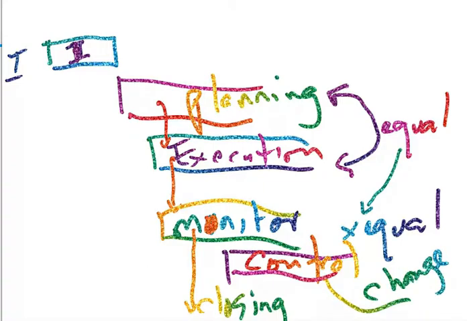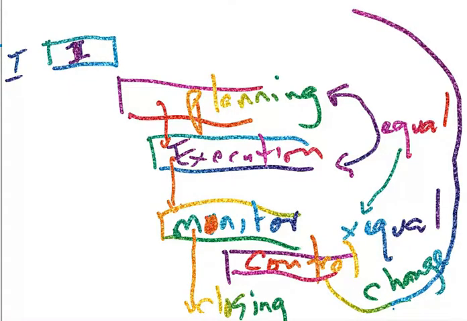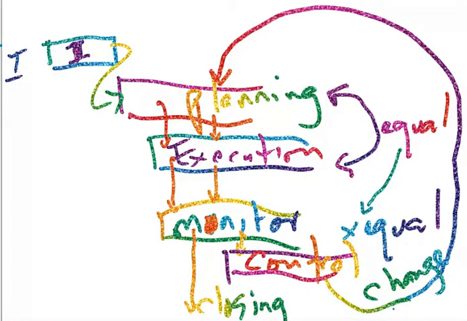We have some changes that we will introduce, and those changes will go about changing your original plan, which will then be executed and then monitored and then, if needed, controlled and so on. So that's the life cycle of the project, all the way from initiation to planning to execution, monitor, control, and then at the end you have closing and handover of your final project product.